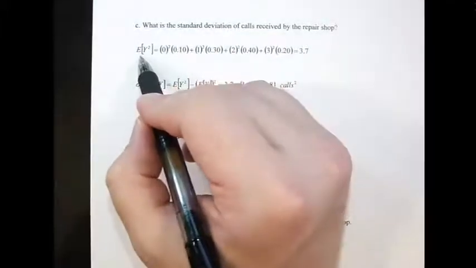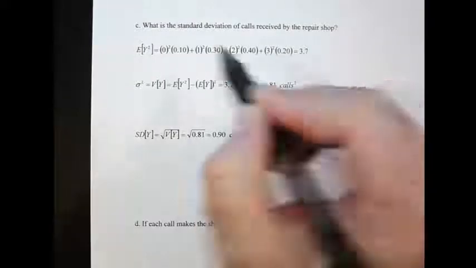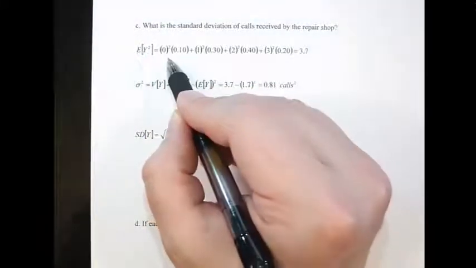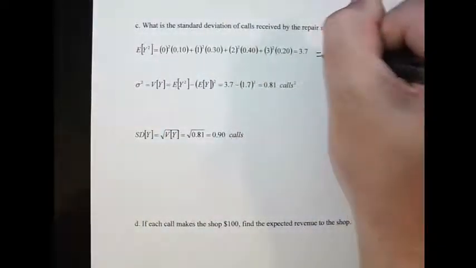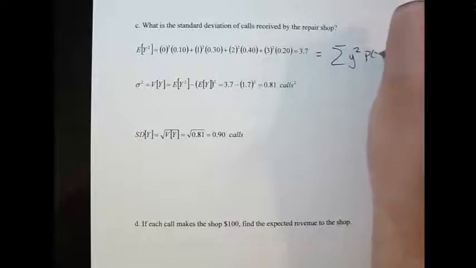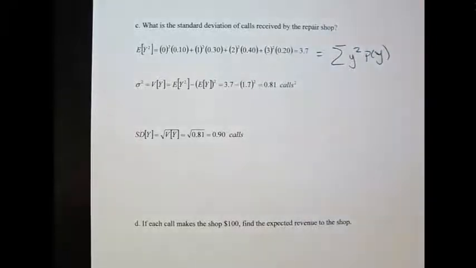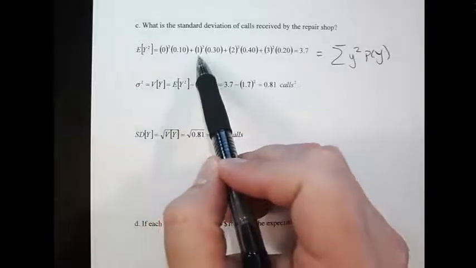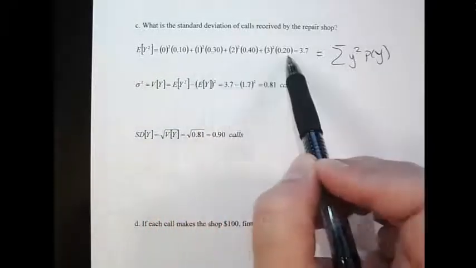We've already found the expected value of y in the last problem, it was 1.7. You need to calculate E of y squared, which is almost the same calculation. It is each value squared times its associated probability. So 0 squared times 0.1 plus 1 squared times 0.3, etc.